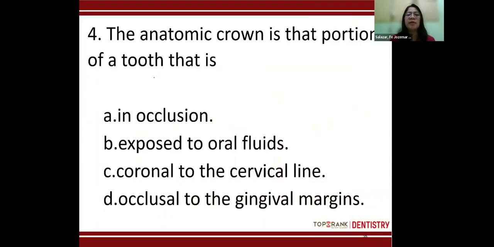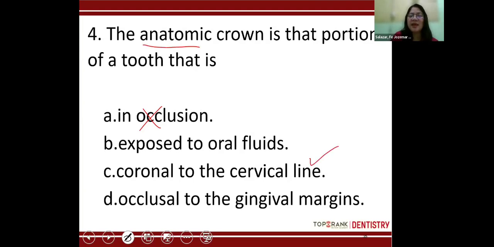So let's answer number 4. The anatomic crown is that portion of a tooth that is in occlusion. In occlusion ba? No. In occlusion are the marginal ridges, the central fossa of your teeth, exposed to oral fluids, coronal to the cervical line, or occlusal to the gingival margins.